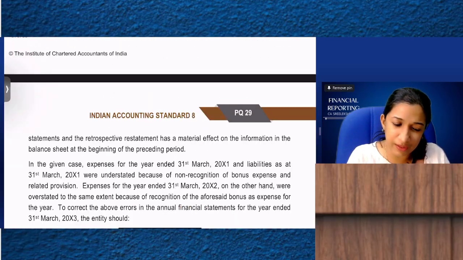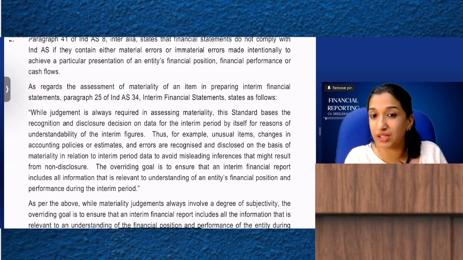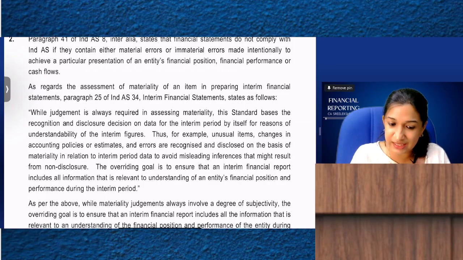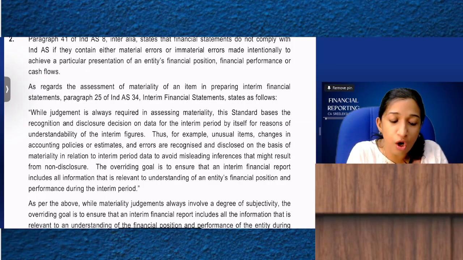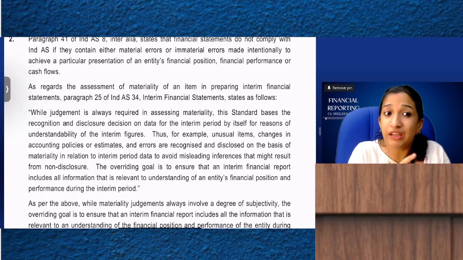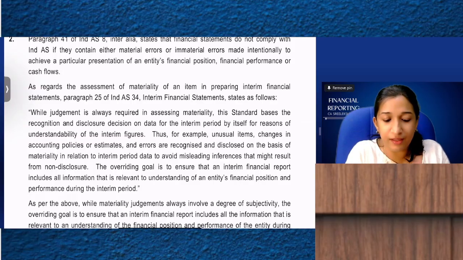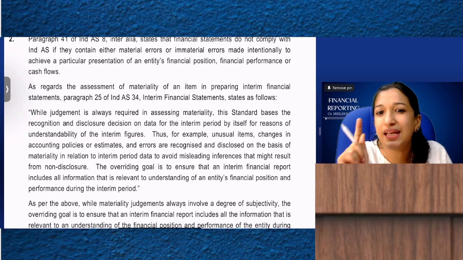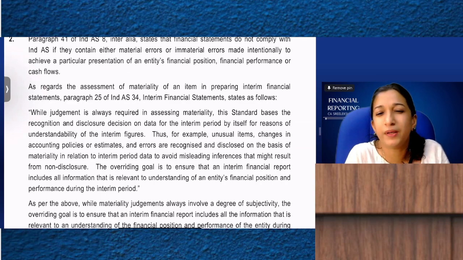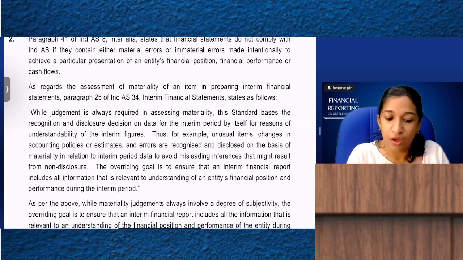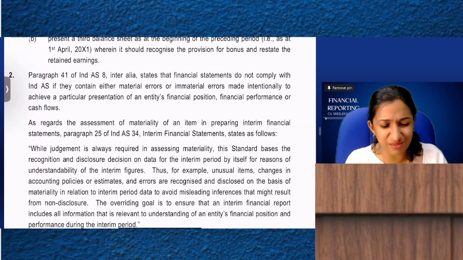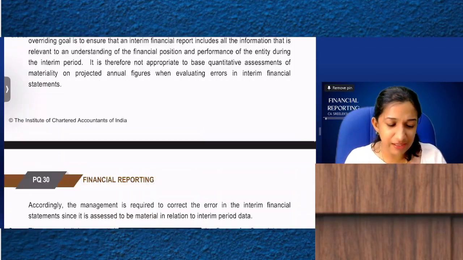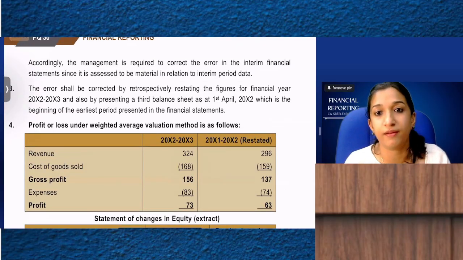Question number 2, as per para 41, you need not write as per Ind AS 8. Financial statements do not comply with Ind AS if they contain either material errors or immaterial errors made intentionally to achieve a particular presentation of an entity's financial position or performance or cash flows. So please go through the answer, which is very easy, and finally management is required to correct the error.